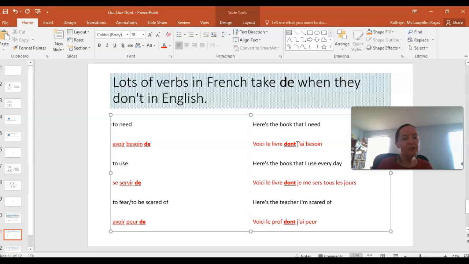Or, here's the book that I use every day. In French would be voici le livre dont je me sers tous les jours. So here's the book of which I serve myself every day. Okay. And finally, here's the teacher I'm scared of. So see, in English, we end sentences with prepositions all the time.